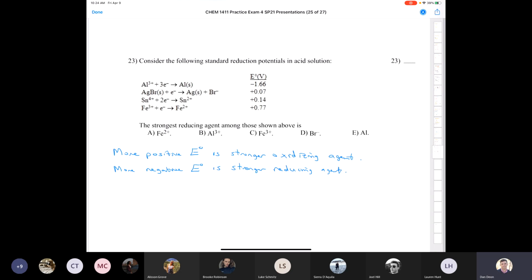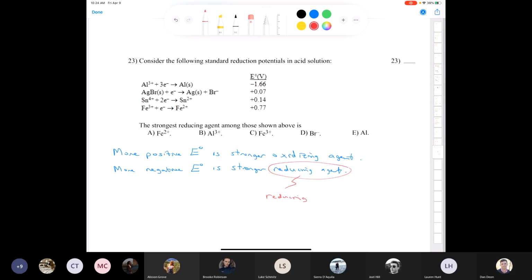Now remember, if we're asked to figure out which one is the strongest reducing agent, in the process of reducing, the reducing agent will be oxidized.